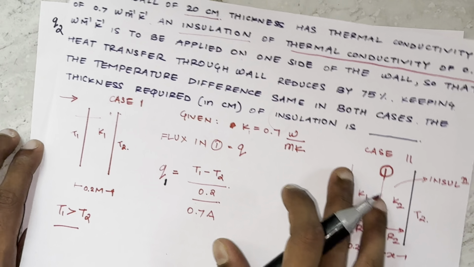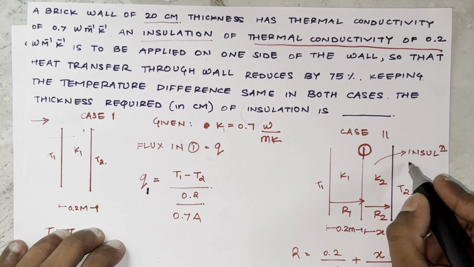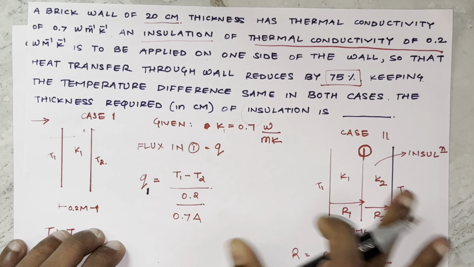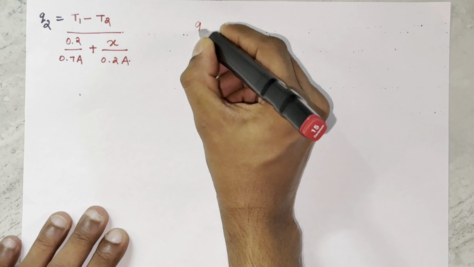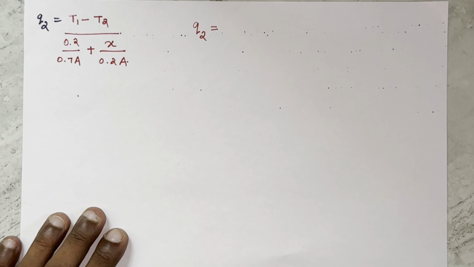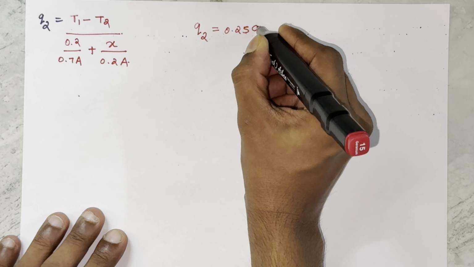Now the question says that in the second case, if we apply insulation, the flux reduces by 75%. It is basically saying that Q2 is 75 percent reduced from Q1, so Q2 is 0.25 Q1.